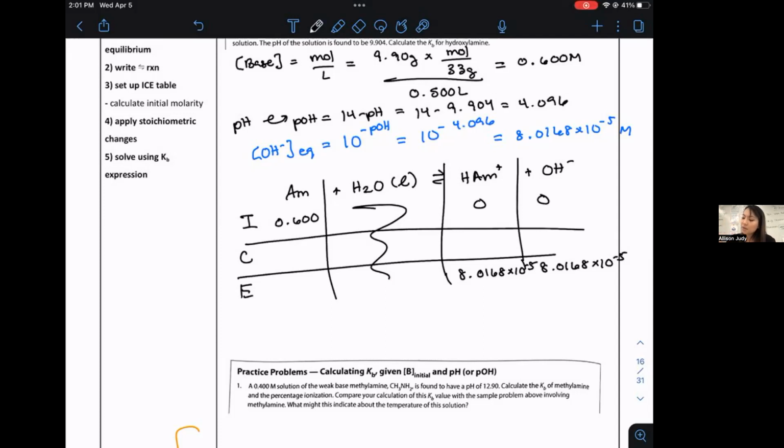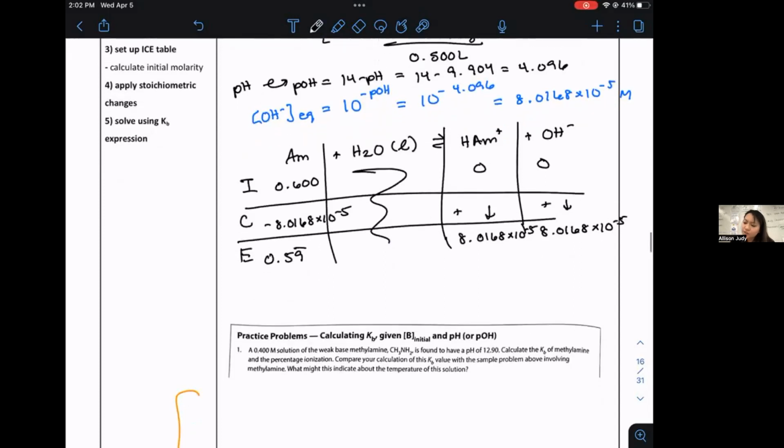And then I get that my change would also be minus 8.0168 times 10 to the negative 5th. Positive. Look down below. And I get that my equilibrium value for my original weak base is 0.6 minus that 8.0168 times 10 to the negative 5th, which is very small. So it basically becomes 0.59 repeating.